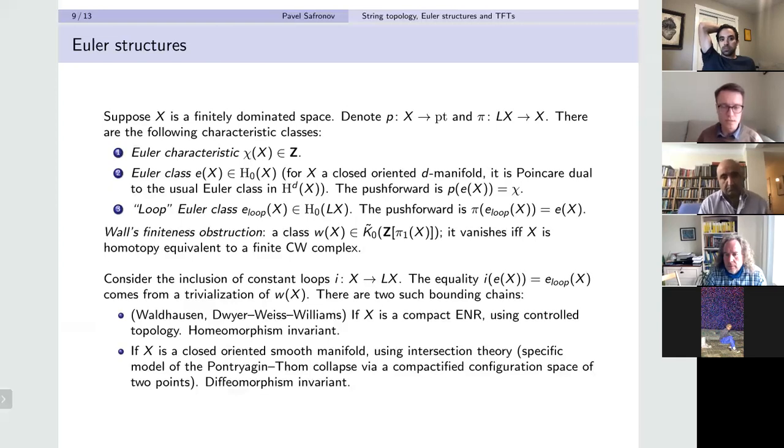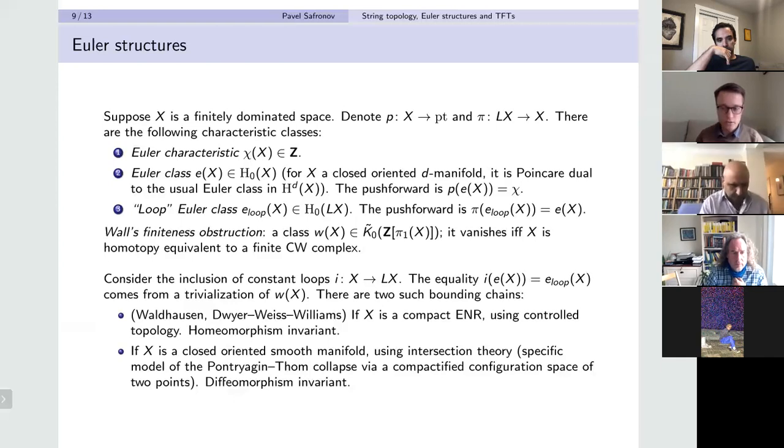Maybe in 5 minutes, I will say that the first bounding chain I mentioned is homeomorphism invariant, but it's actually known to be non-homotopy invariant. And this will be important. Okay, so there are these Euler classes, different versions, and that's what you should get out of the slide.